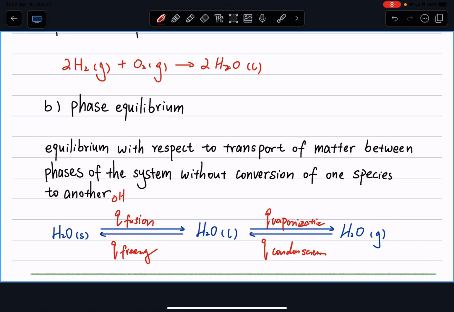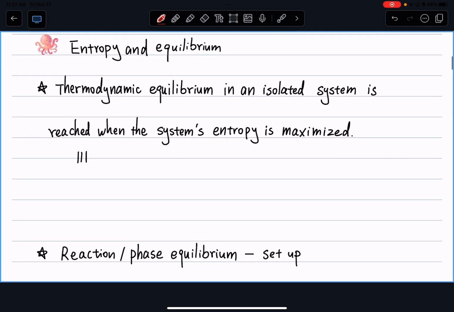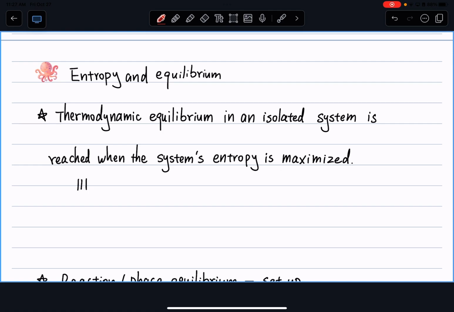And then let's link entropy to equilibrium once again for irreversible material changes, for chemical reactions or phase changes. When we're talking about equilibrium, this is the figure that we have seen several times: entropy with respect to time. At the maximum, you have dS equals 0, so that's your equilibrium.